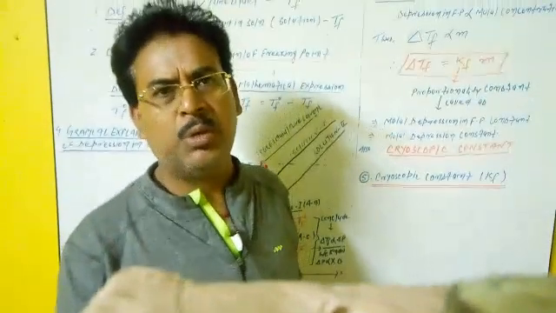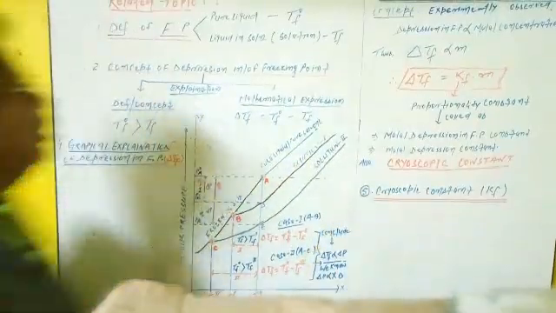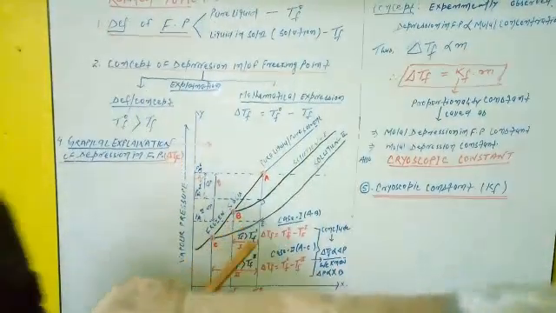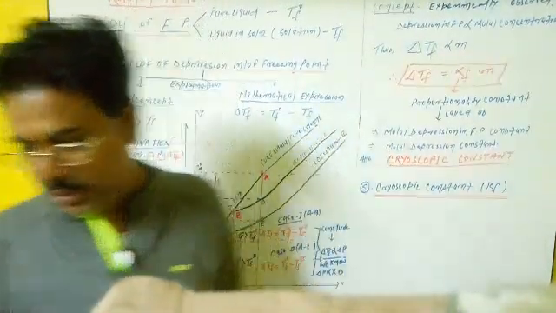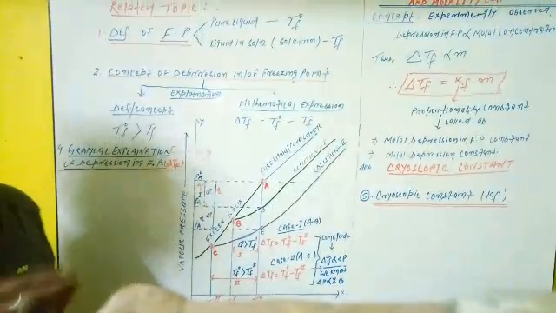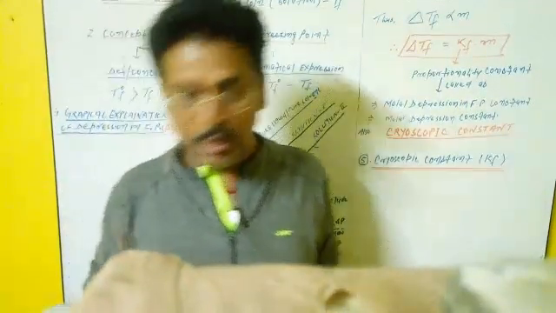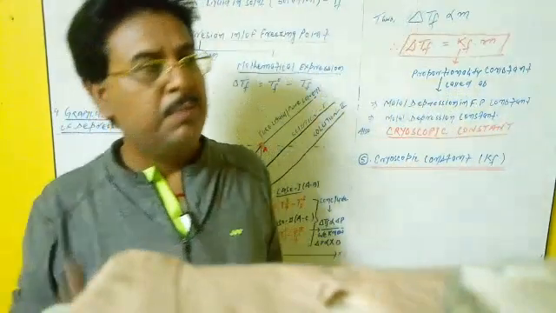But now in class 12 standard we give one more definition. The temperature at which any liquid begins to freeze, and the crystallized solid, that means frozen solid, and its liquid are in equilibrium is known as the freezing temperature.